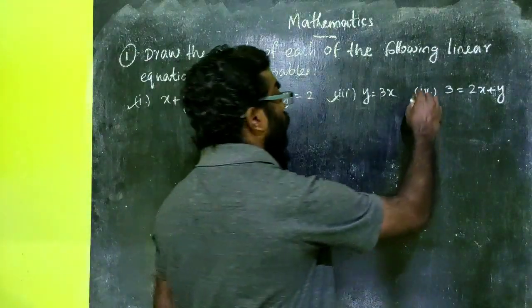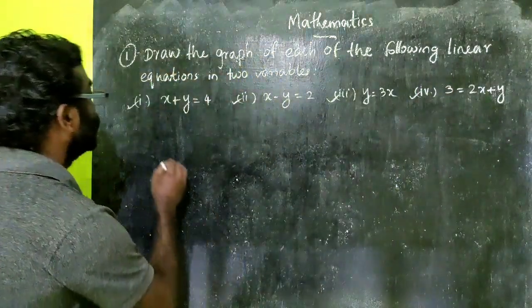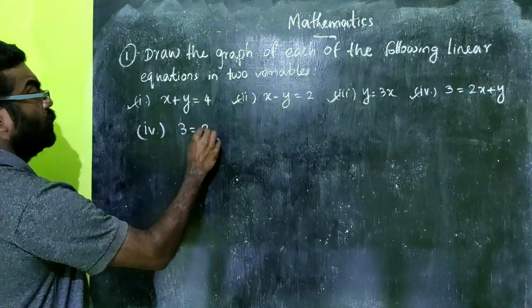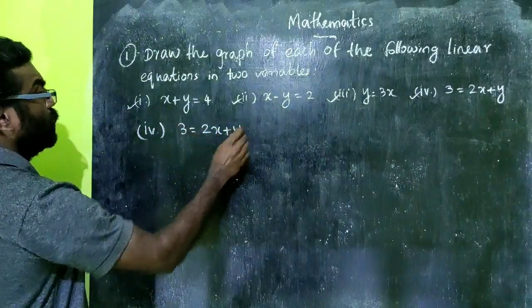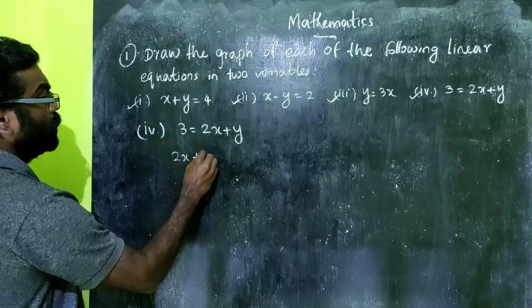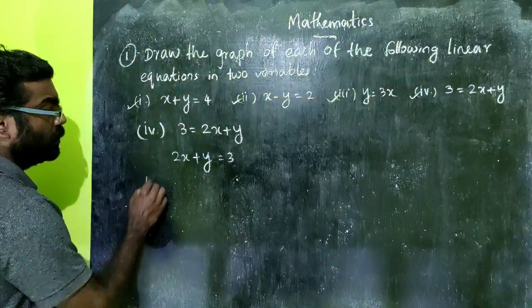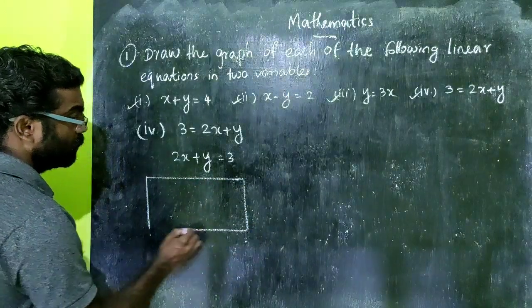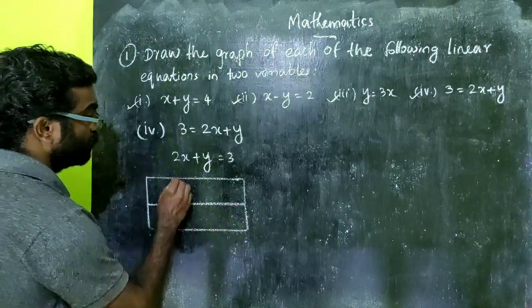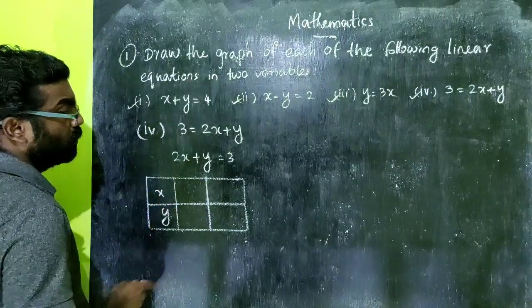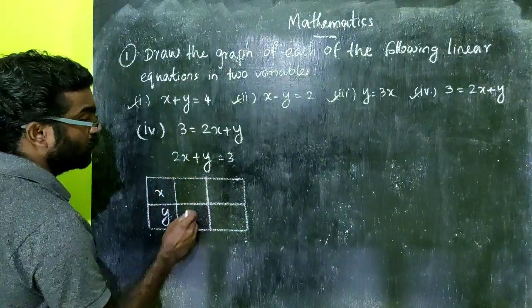Now consider the fourth one, 3 is equal to 2x plus y, or we can write 2x plus y is equal to 3. Here also we can find two solutions. When x is equal to 0, y is equal to 3.